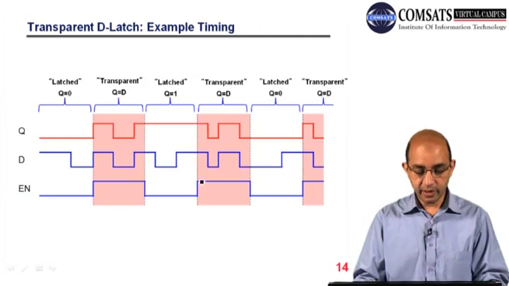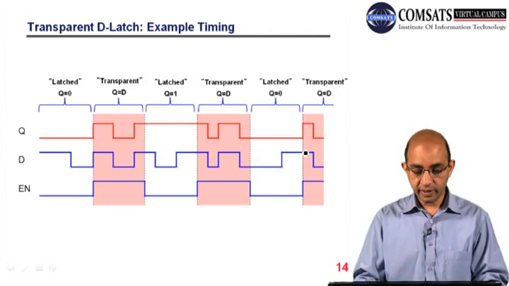Here enable is again high, and you can see the ditto copy, or the replication of the same D. You can see we have the same D over here. Here again we have enable low, so again Q will be latched.